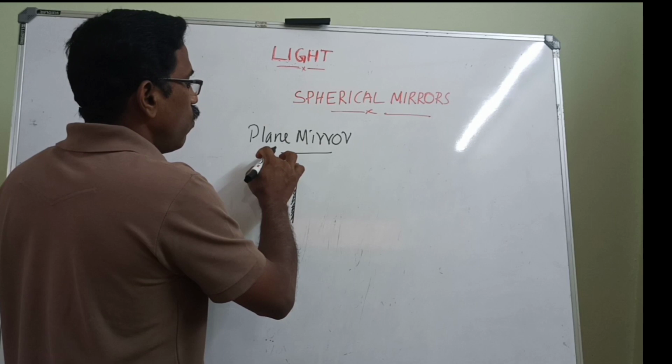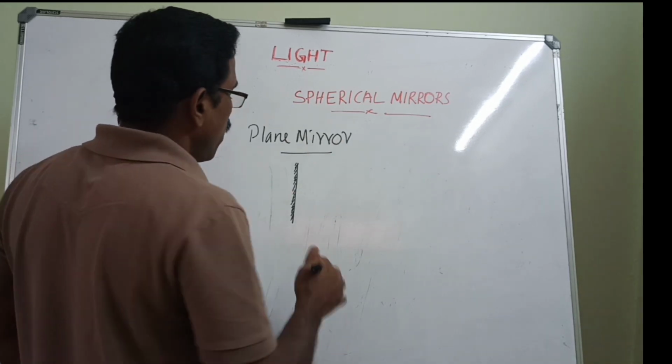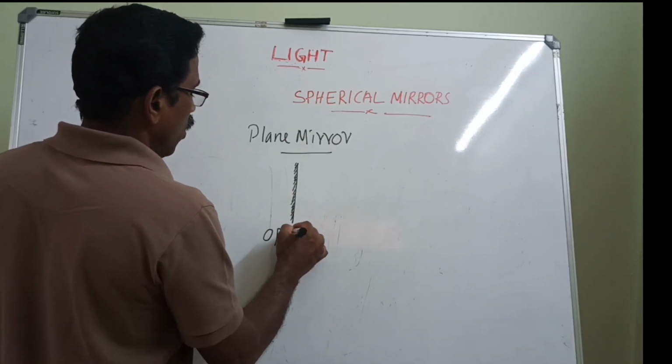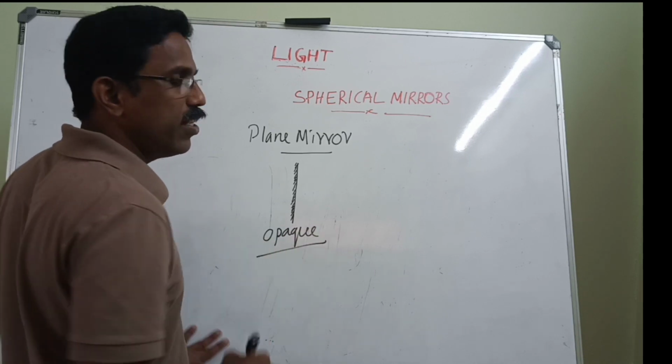You know how we make a mirror? A mirror is an opaque object. Why is it opaque?